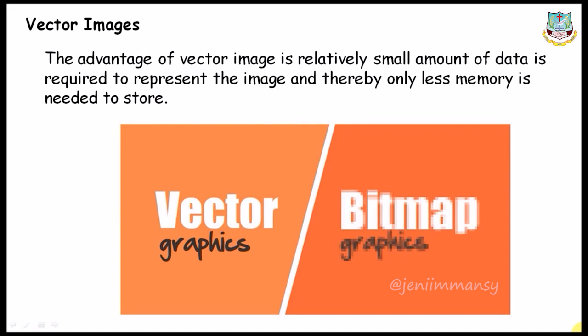And a vector image also occupies very little space in memory. Compression techniques are used to reduce the file size of the image so that it is useful to store a large number of images, and it also helps speed up the transmission process.